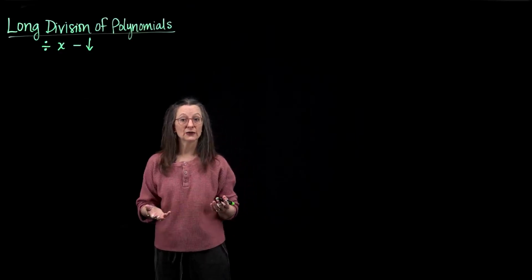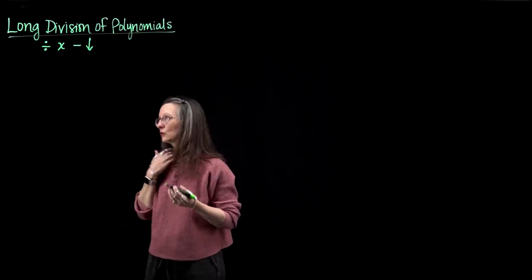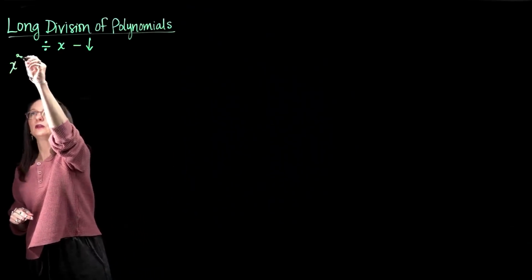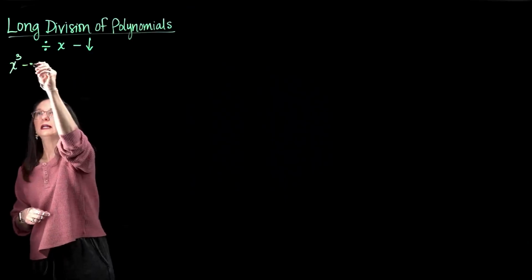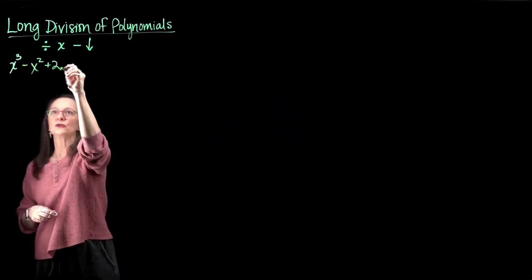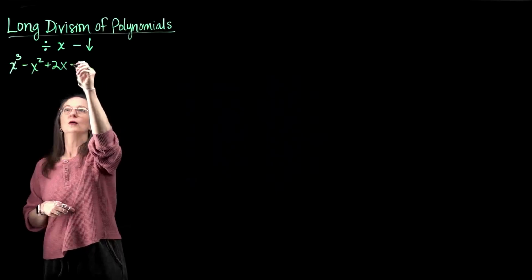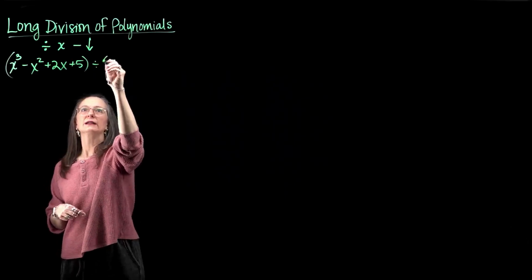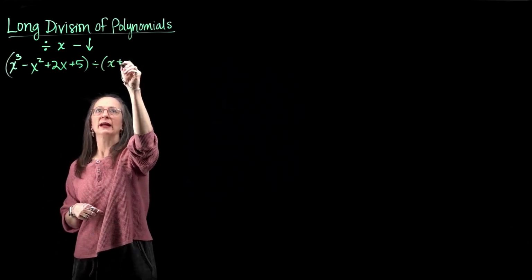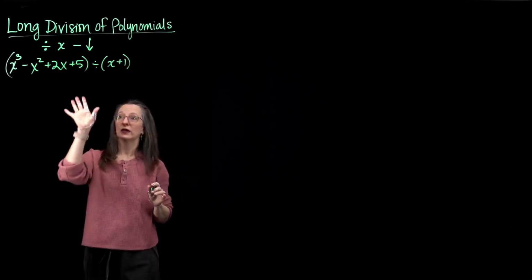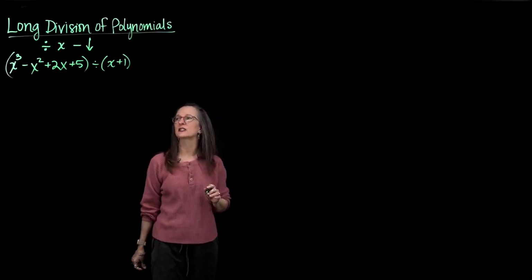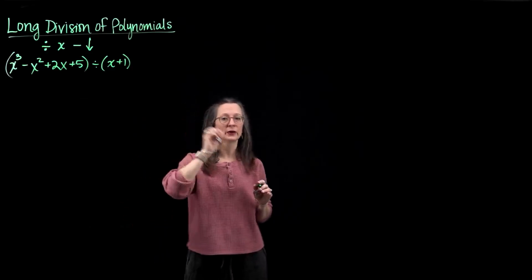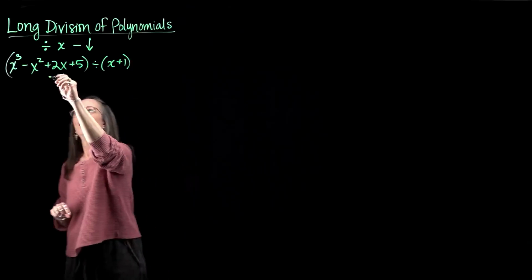We want to look at a different type of problem. So this you might see written as x cubed minus x squared plus 2x plus 5. You could see it written as that number divided by x plus 1, with the x cubed minus x squared plus 2x plus 5 in parentheses, division symbol, x plus 1 in parentheses.